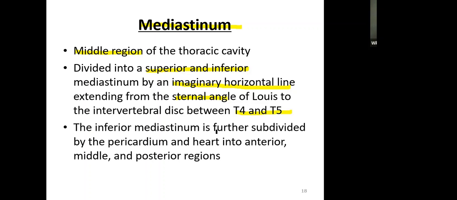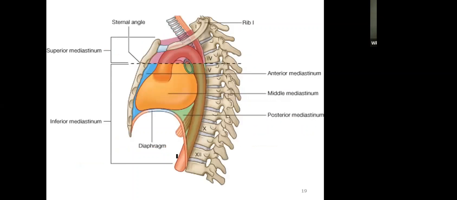The inferior mediastinum is further subdivided by the pericardium and heart into an anterior, middle, and posterior part. We're going to look at all of these regions today.